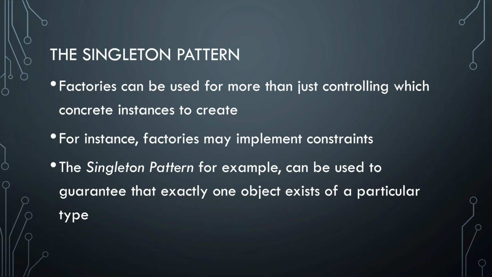Until now, we've only seen factories that simply create the concrete instances that are needed. But you can also add constraints. For example, in some cases it's useful to limit the number of instances that's available. The singleton pattern is an example of a design pattern that guarantees that exactly one object exists of a particular type.